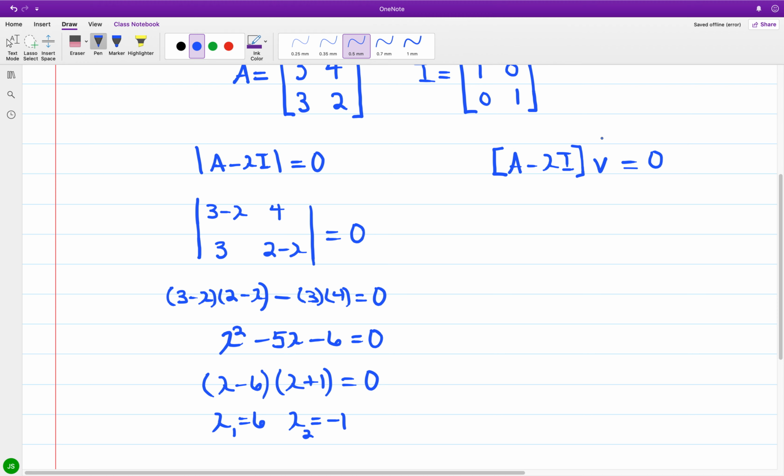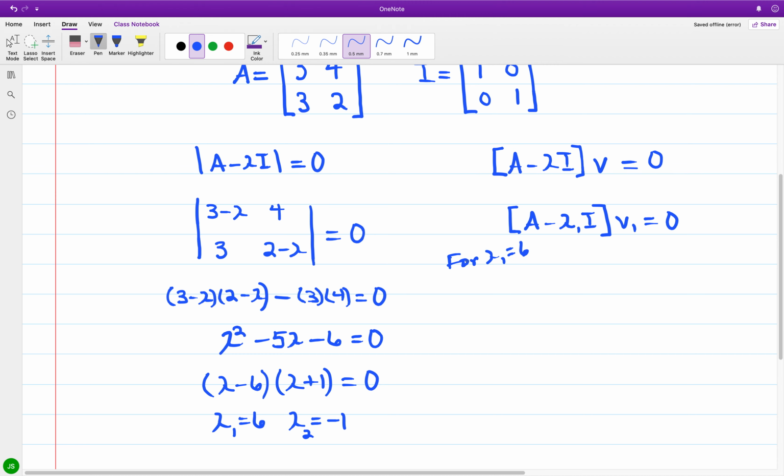Conceptually, if I have A minus lambda 1 I times the first eigenvector equal to 0, the first eigenvalue was lambda 1 equal to 6.